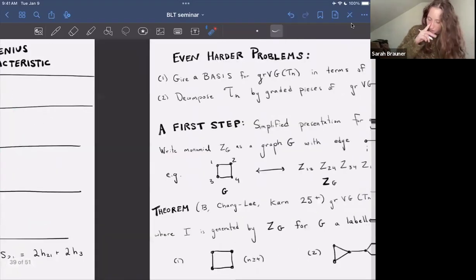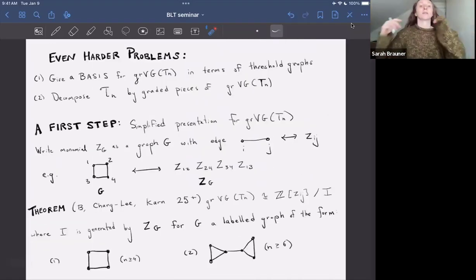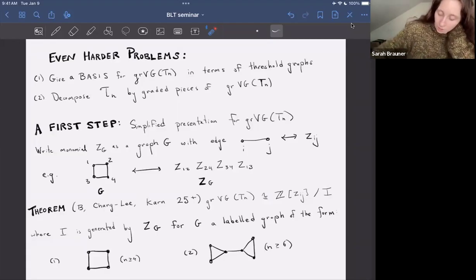Okay, so this gives way to some harder problems about trying to understand the graded pieces, which if anyone has ideas about this, I would be very interested because I think these graded pieces are really interesting, but they're very hard to pin down. So what I would like to know is some sort of basis for this ring in terms of threshold graphs.